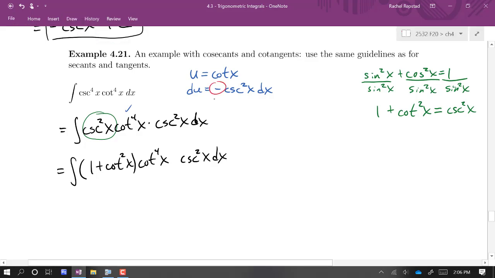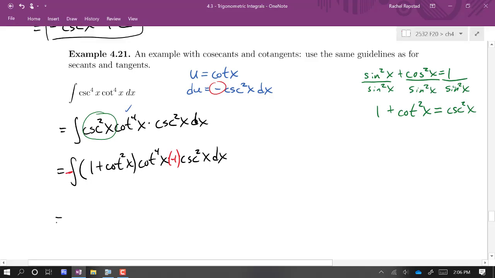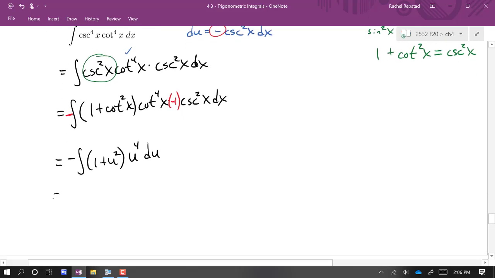You know, du is a negative cosecant squared. We need to throw in a factor of -1 and compensate outside with a negative. And now we can make our substitution. So 1 plus cotan squared is 1 plus u squared, in parentheses, times u to the fourth du. Everything is accounted for, and we have a path forward.